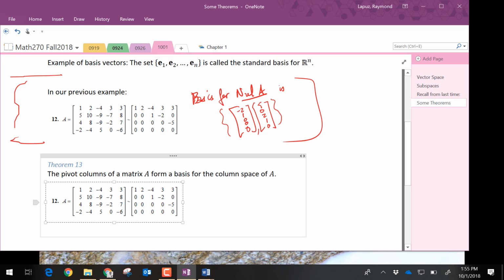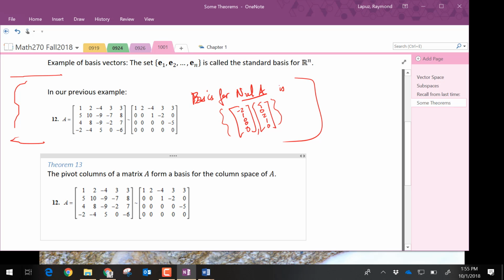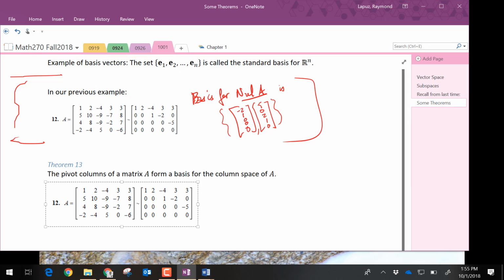In any case, in our example here, how many columns do we have? 5, right? So we have 5 columns. And how many elements in each column? There are 4 elements in each column, so they live in R4, and then I have 5 vectors.